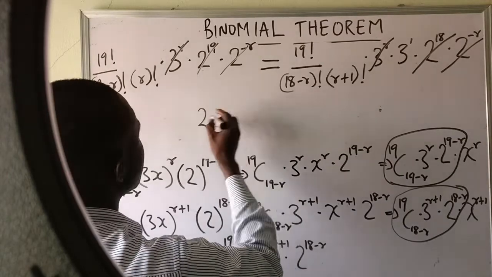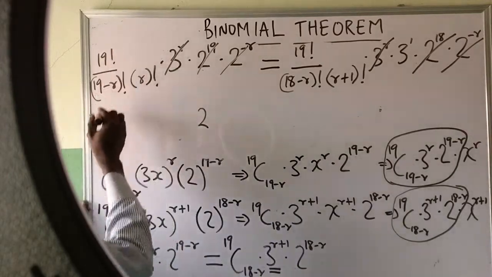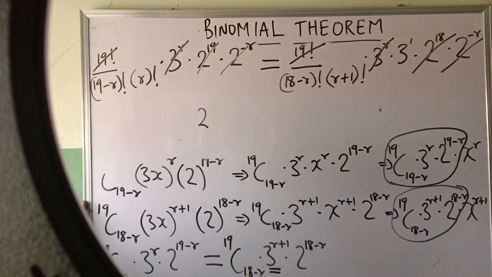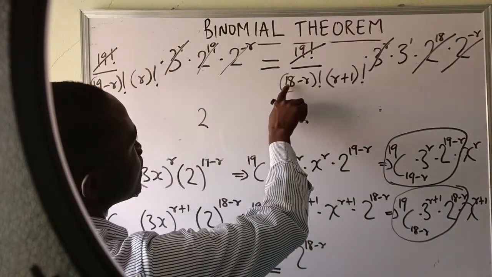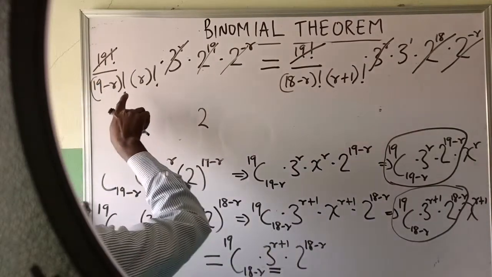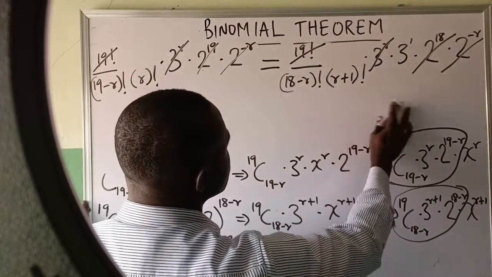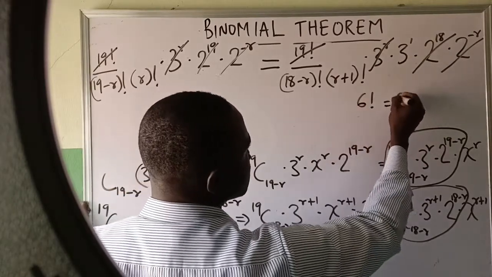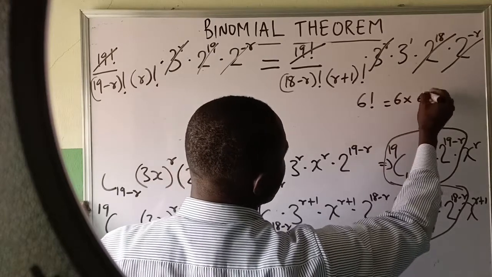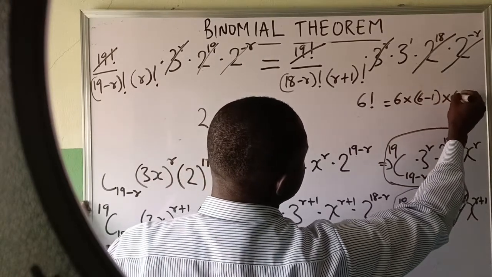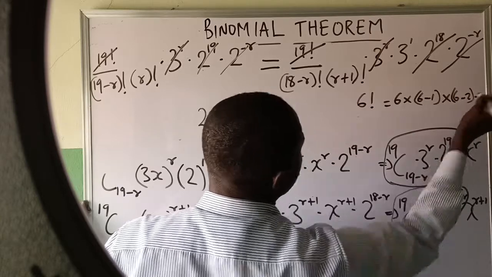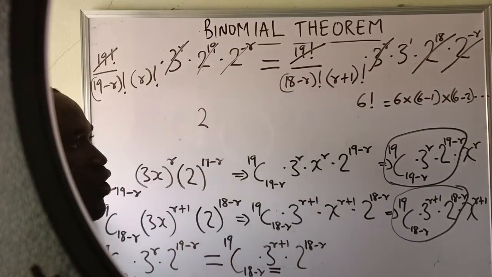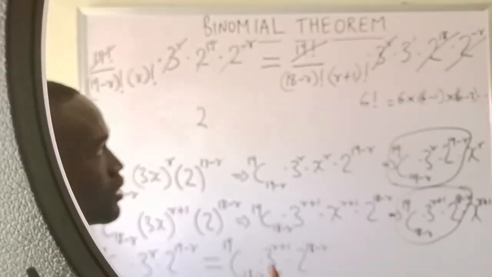Then you say 19 factorial will cancel 19 factorial. Now, this is 18 minus r, right? And now it is important to note that when you see 6 factorial, it means 6 times 6 minus 1 times 6 minus 2 and so on, that you'll be minusing by 1. So 6 times 5 times 4 times 3 times 2, that is it.